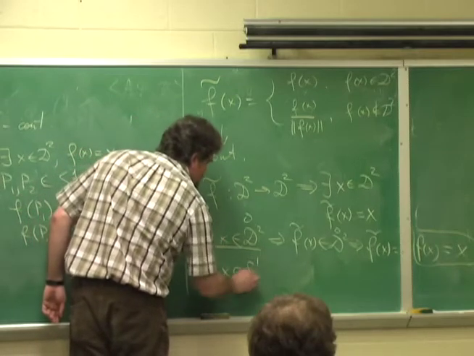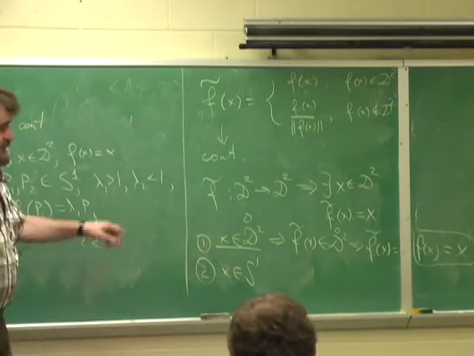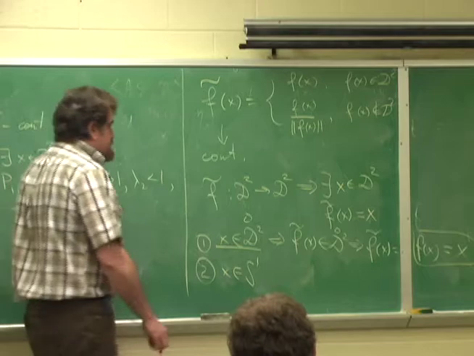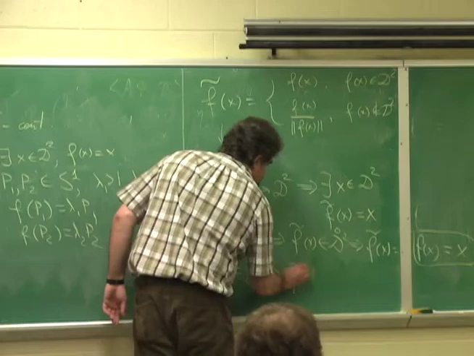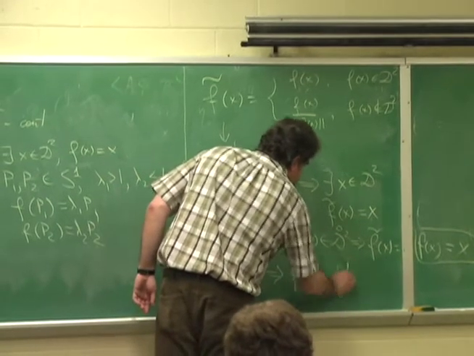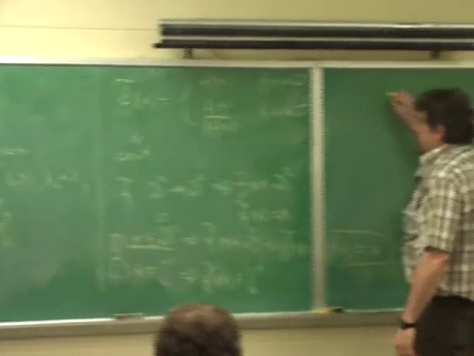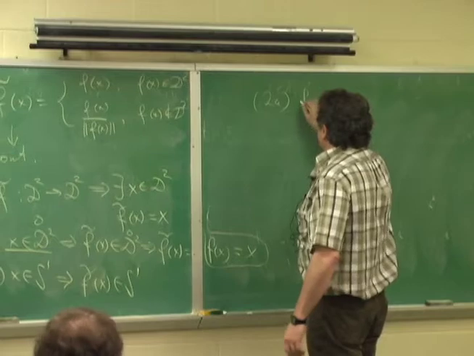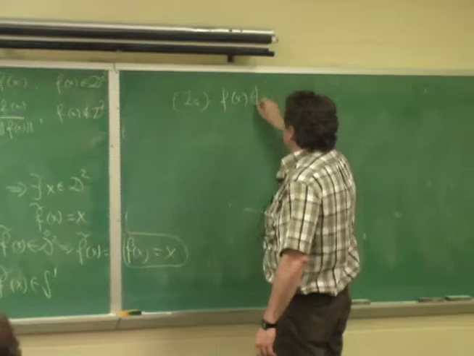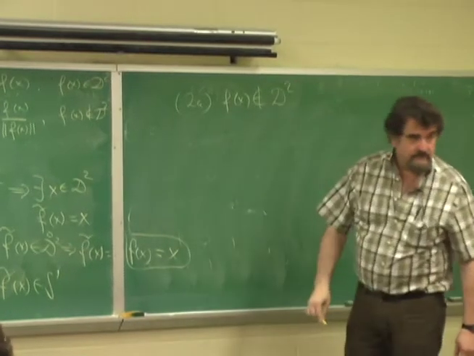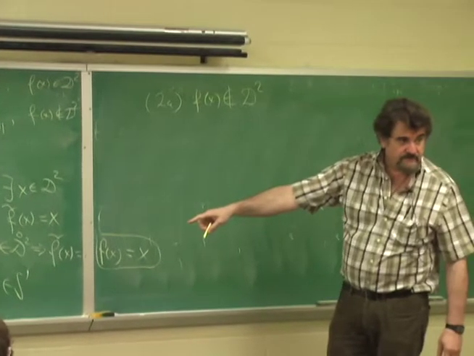Okay. Now second situation. x is in S1. That means x is always in D2, but maybe not on the boundary. But in this case, it is on the boundary. Then f tilde of x is on the boundary. And there may be two situations. 2a, f of this x is not in D2. Because it may be such a situation.